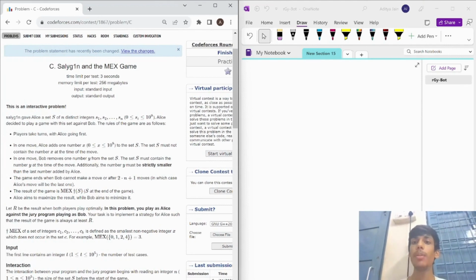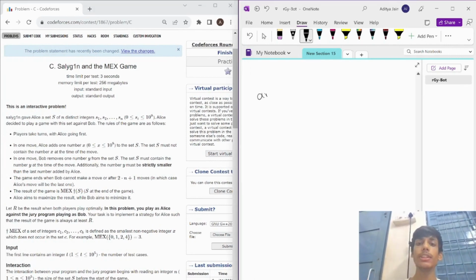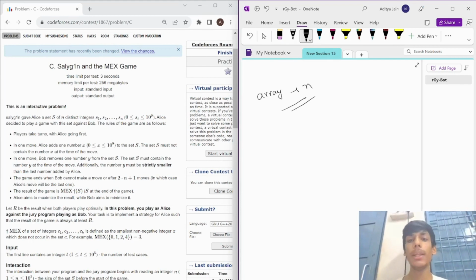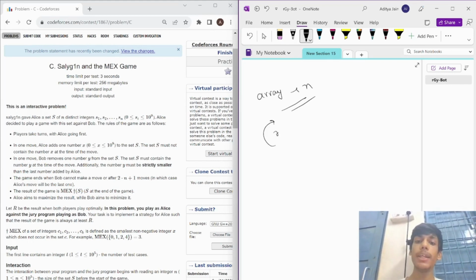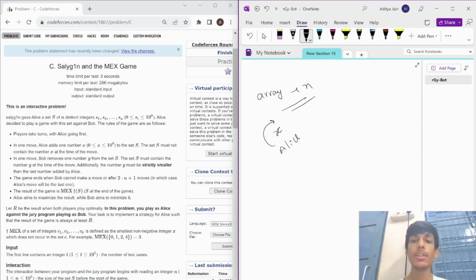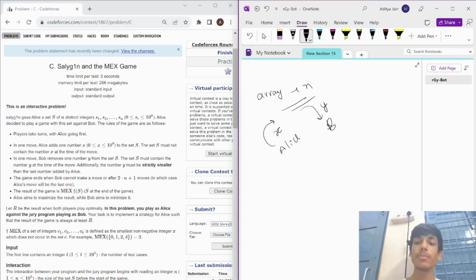In the C problem, we have an array of n integers. Alice and Bob are playing a game. What is the game? In Alice's turn, Alice can add any element x to this array. In Bob's turn, Bob can remove any element y from this array with a condition that y has to be strictly less than x.